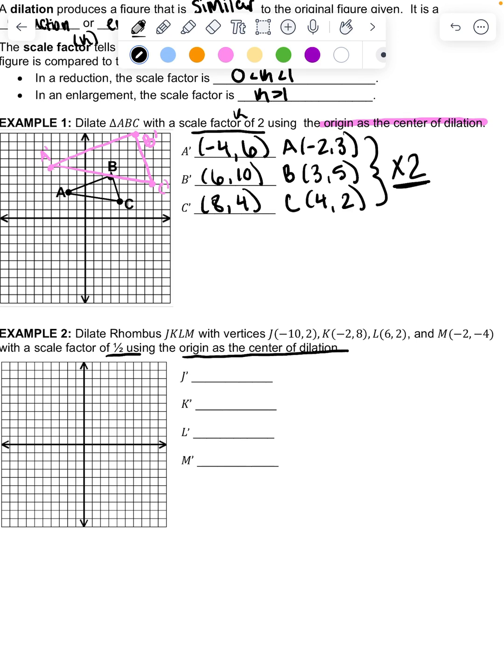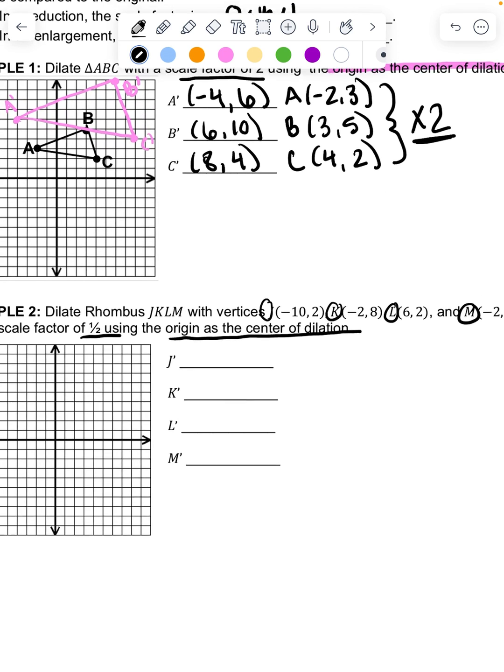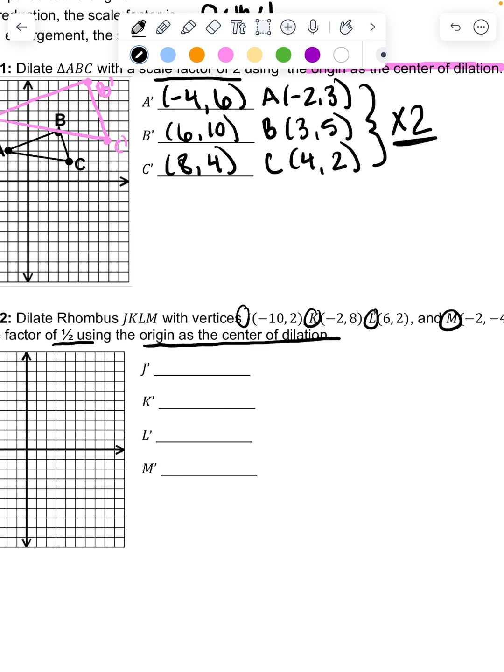So notice how our scale factor is 1/2 here. All right, so you can either multiply all of your original coordinates, so J, K, L, and M, by 1/2, or another way of saying that is dividing it by 2. So we're just going to divide our x value and our y value for all of those 4 points by 2. So J prime, if we're looking at point J, it starts at -10, 2.